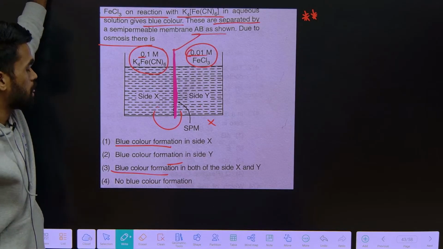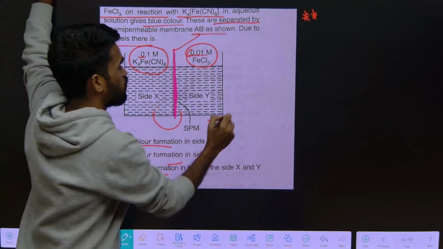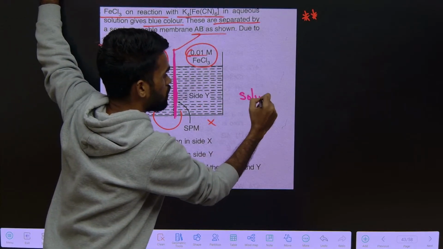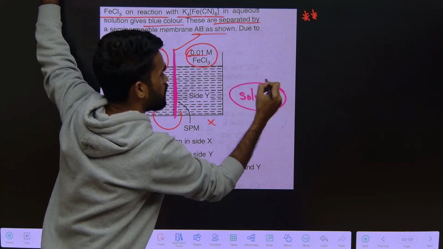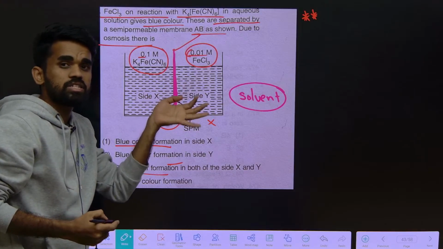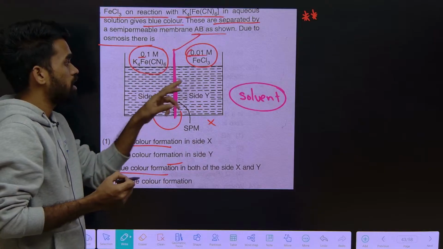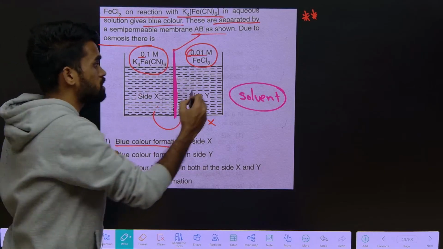Very simple guys. Osmosis means the flow of solvent molecules only. Solvent molecules move from lower concentration to higher concentration. In both of these solutions, water is the solvent.